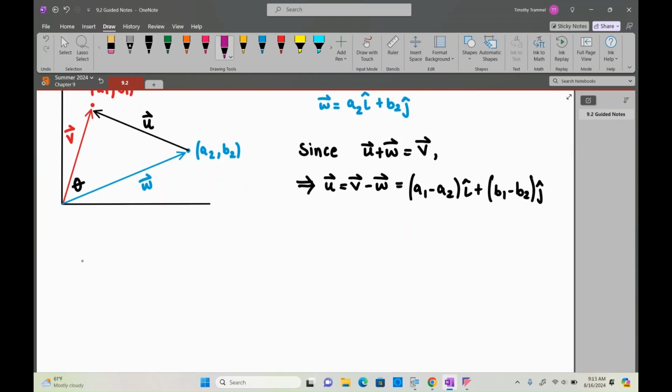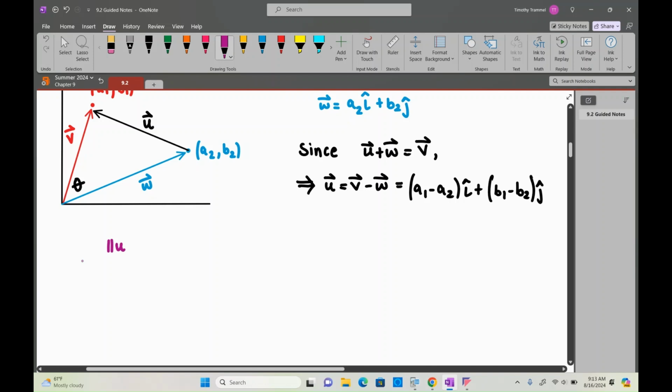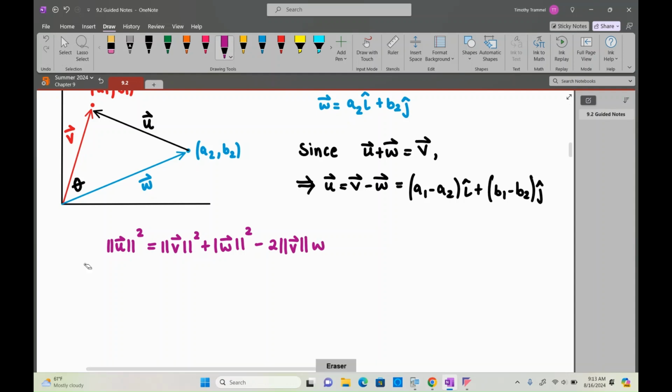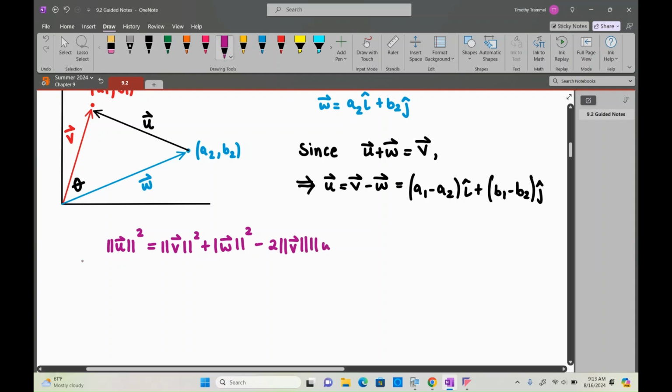So I'm going to write in here our magnitude of u squared is equal to the magnitude of v squared plus the magnitude of w squared minus 2 times the magnitude of v and the magnitude of w, and then cosine of the angle between v and w, which is theta.